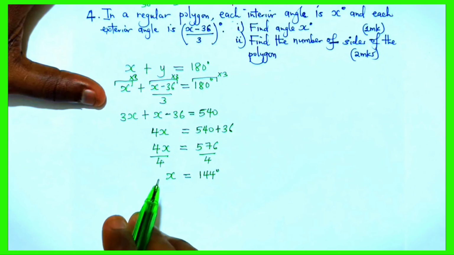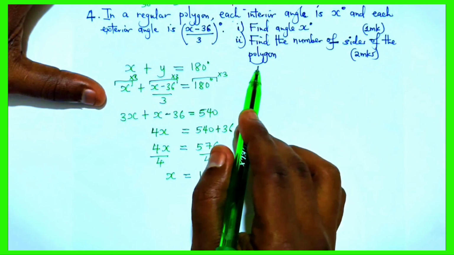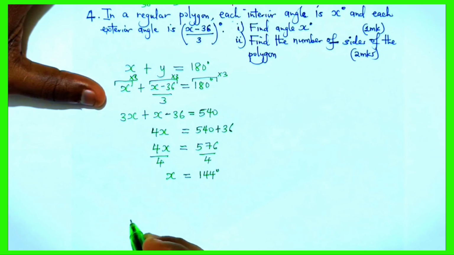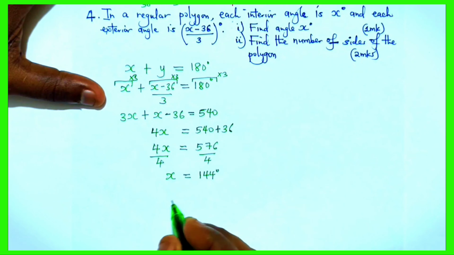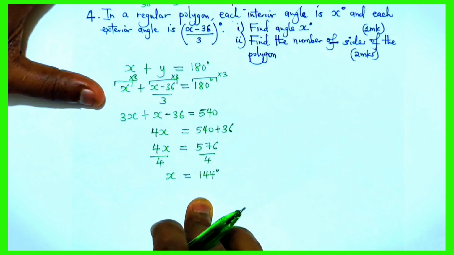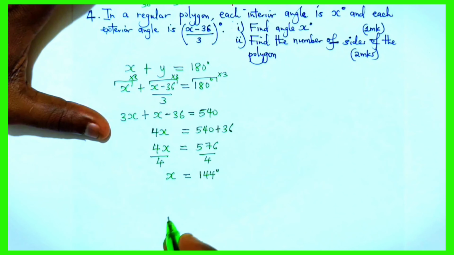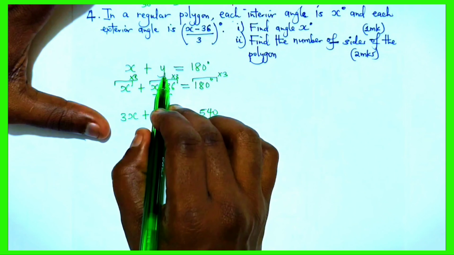And then Roman 2, we are being told to find the number of sides of the polygon. Now, to find the number of sides of the polygon, we need to use the easier method of the size of one exterior angle. So I first of all find the value of y, which is the exterior angle.